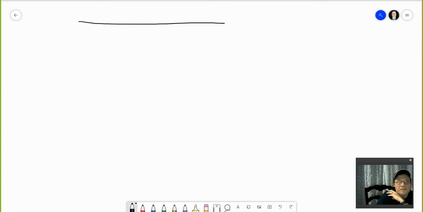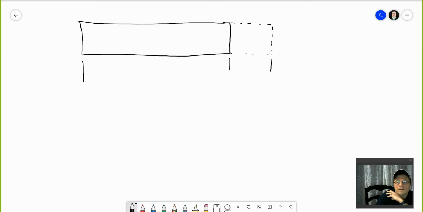So if I have this piece of bar stock and I need to weld on an additional piece to achieve a certain length, or I need the end result to be whatever length.